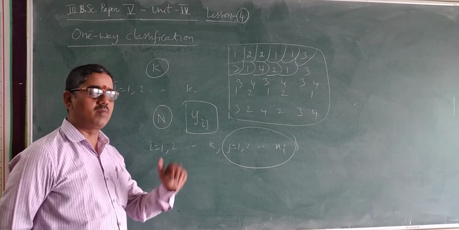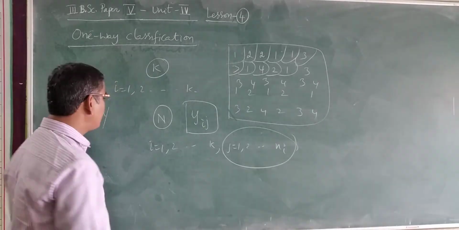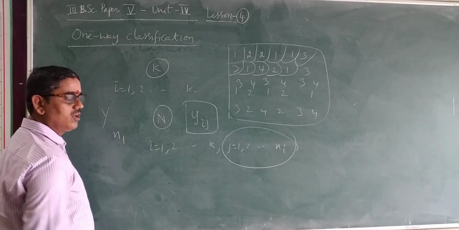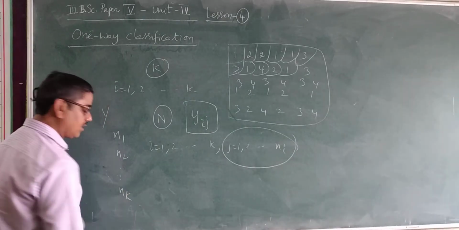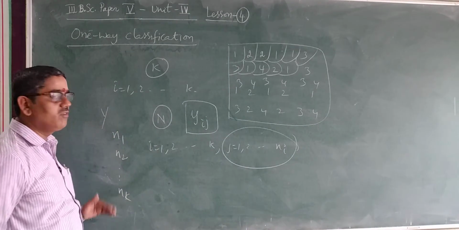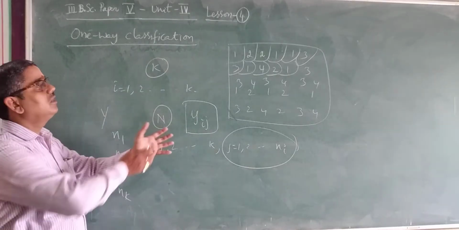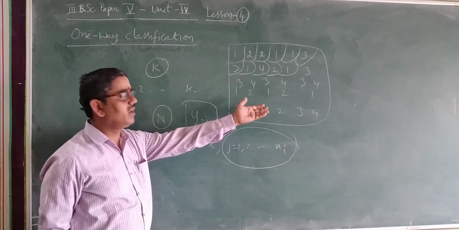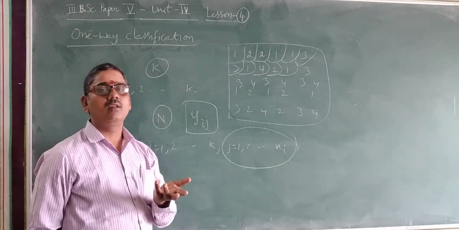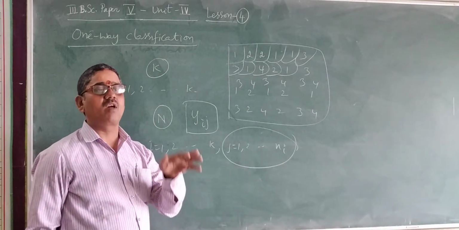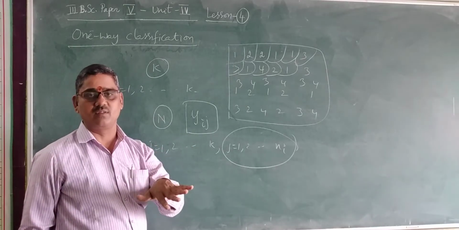Similarly, there are k treatments. The first treatment is applied n1 times, the second treatment n2 times, and so on, the kth treatment is applied nk times. This need not be equal. If n1, n2, nk are equal, then it is said to be one-way classified data with equal number of observations.